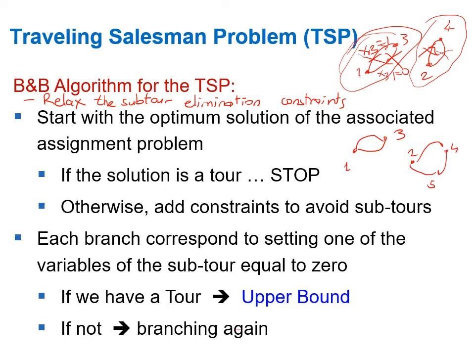Okay, with 5 cities, if one of the subtours is with 2 cities, the other one will be with 3 cities. Then, in order to write the branch and bound algorithm, we can use either this version or this version.